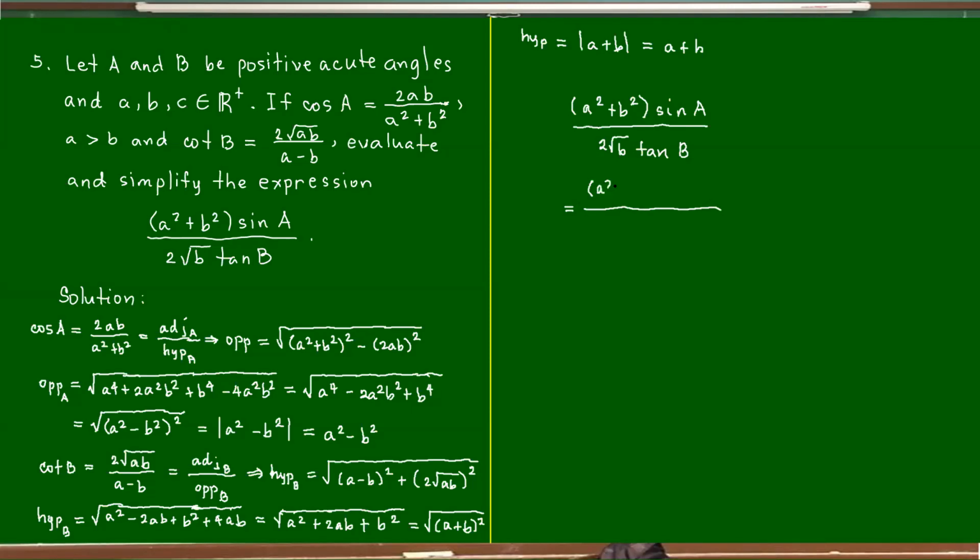A squared plus B squared times sine A. What is sine A? Is it A squared minus B squared over A plus B?